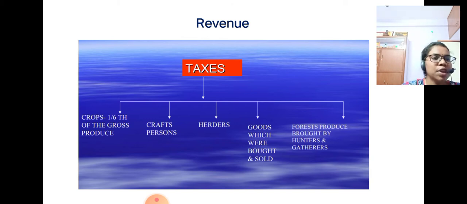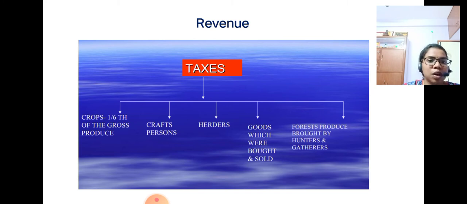Next, revenue system. Revenue is nothing but tax system. During the period of Mahajanapadas and Janapadas, they collected the taxes to improve the economy of the country. They collected the taxes based on occupations.